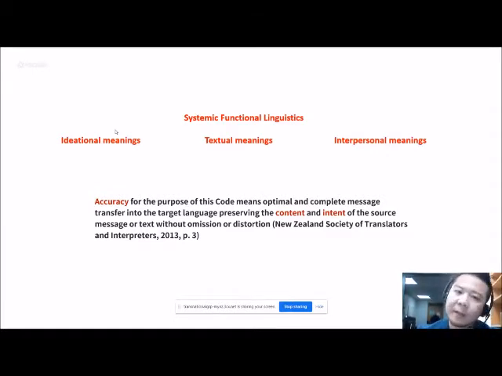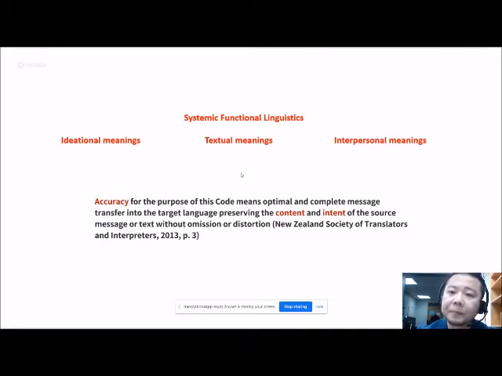And then they seem not to be aware of textual meanings. By textual meanings, it means the expression has a function to persuade people, for example, to persuade people to take actions, or to inform people in a polite way without sounding authoritative.